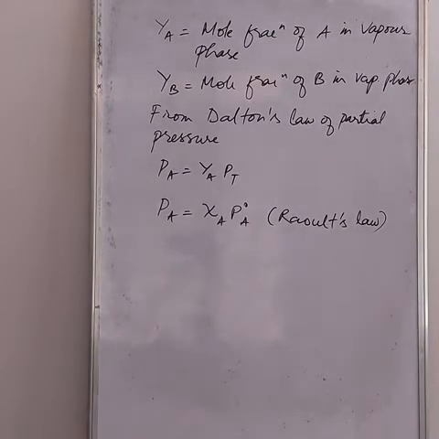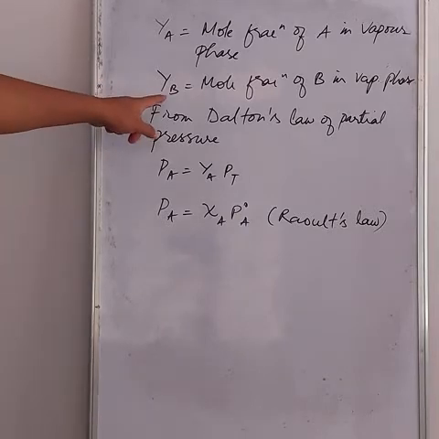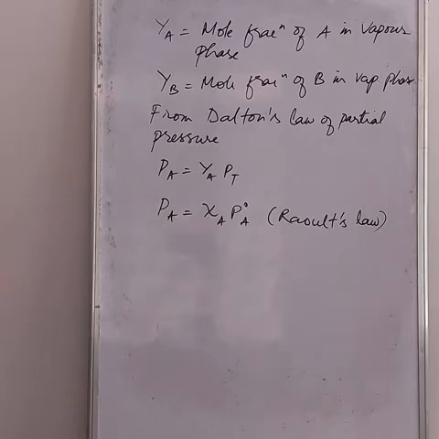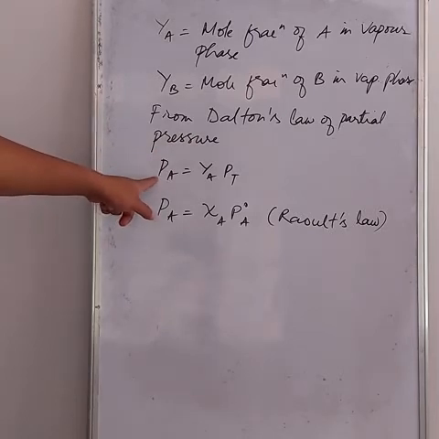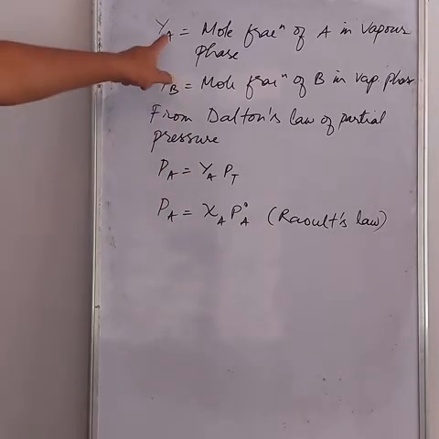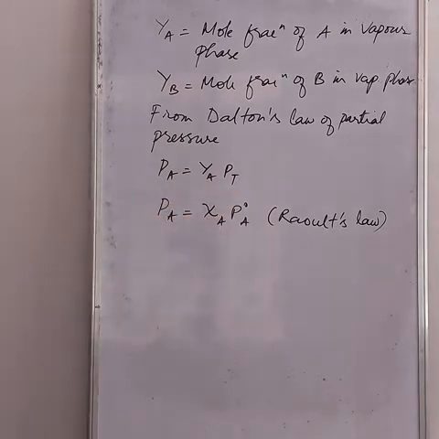All right, now if we take y sub A as the mole fraction of A in the vapor phase above the solution, and y sub B as the mole fraction of B in the vapor phase above the solution, then according to Dalton's law, the partial pressure of A should be the mole fraction times the total pressure.